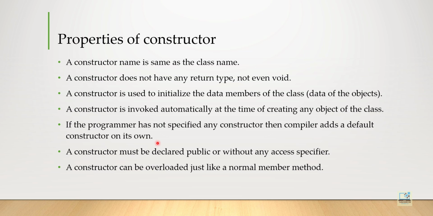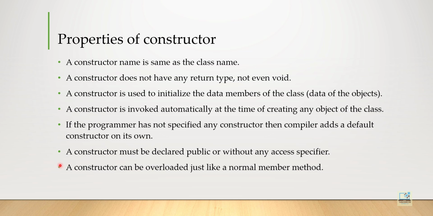You as a programmer will specify a constructor, and in the case when you have not written any constructor, then also the compiler will add a constructor on its own, and that's a default constructor. It does nothing. Okay, it is just there so that the class will have a default constructor.